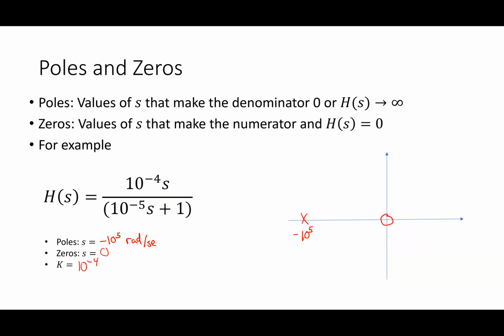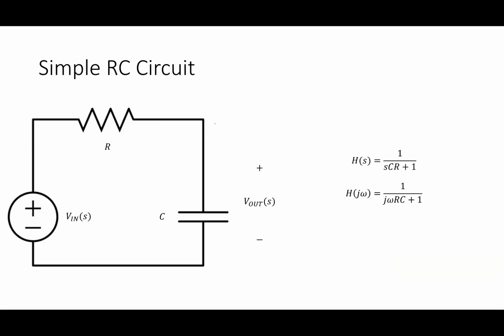So we look at a transfer function, identify the poles and zeros, and then figure out how to construct the Bode plot. We've talked about this for various circuits. My favorite circuit is the RC circuit, V in and V out. I get this transfer function. How did I get that transfer function?